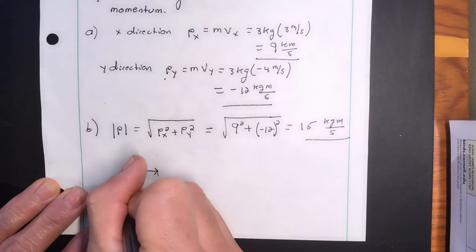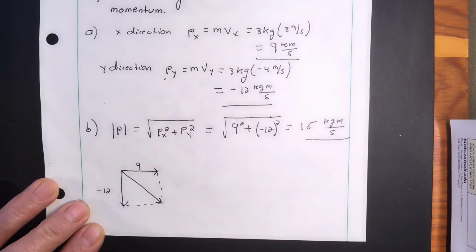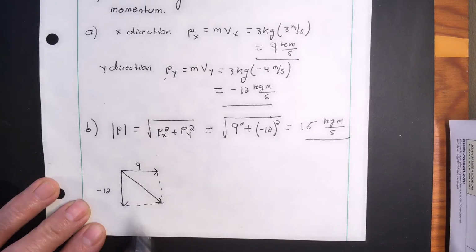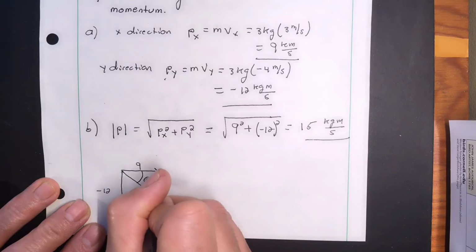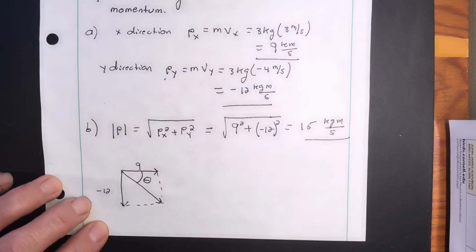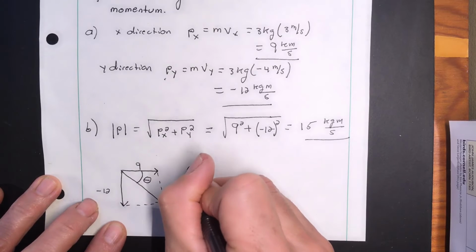By vector addition, right? That's the resultant. We know that that's 15. So I'm going to call this theta, the angle that I'm going to use to describe it.